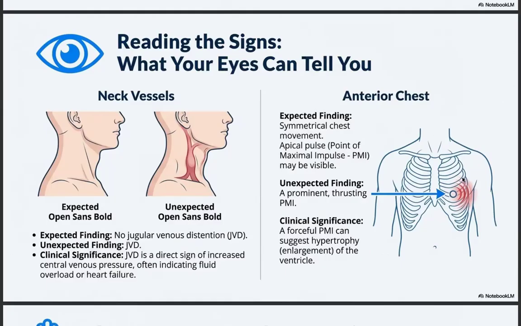And then when you're looking at their chest, this is not when we're talking about the PMI, this is not when you're actually listening. You want to see if you can visibly see the pumping of their heart on the outside. Seeing a little bit of the pulsation from the PMI is normal.